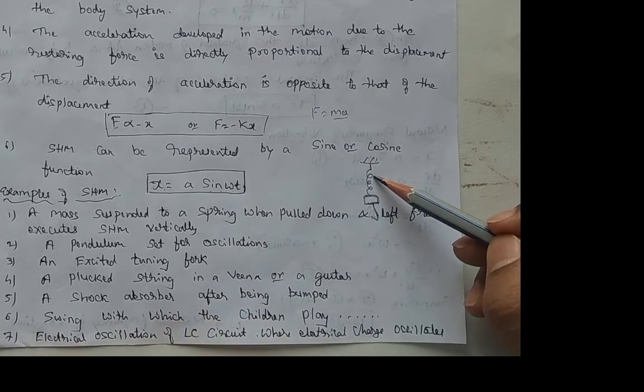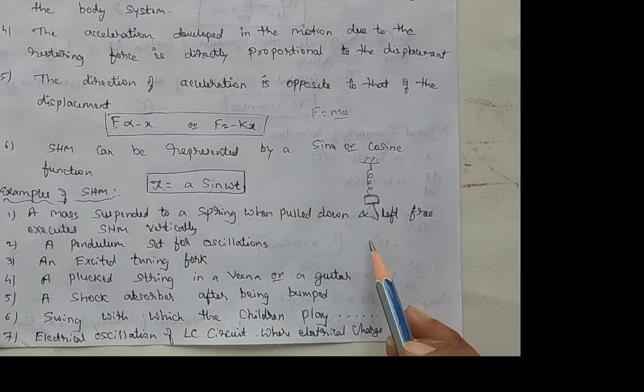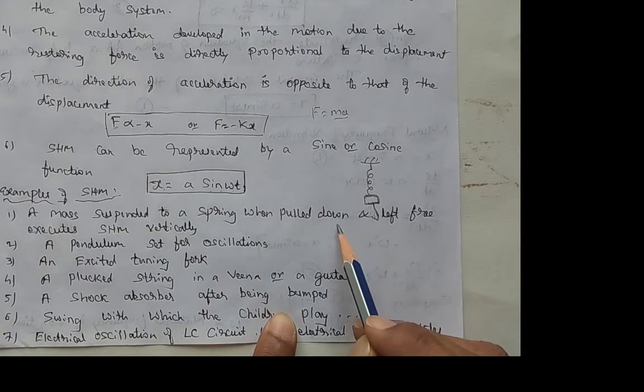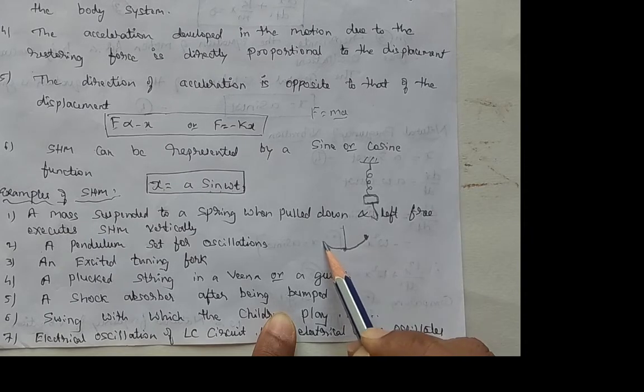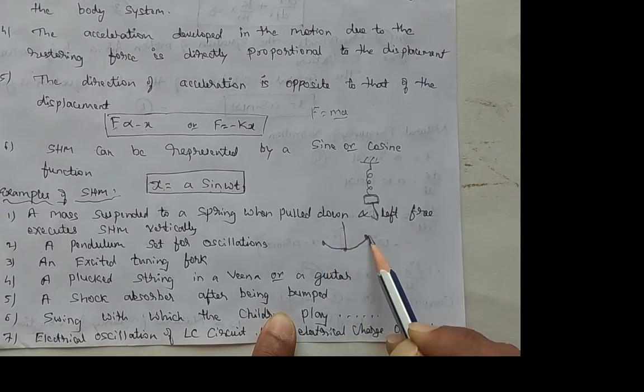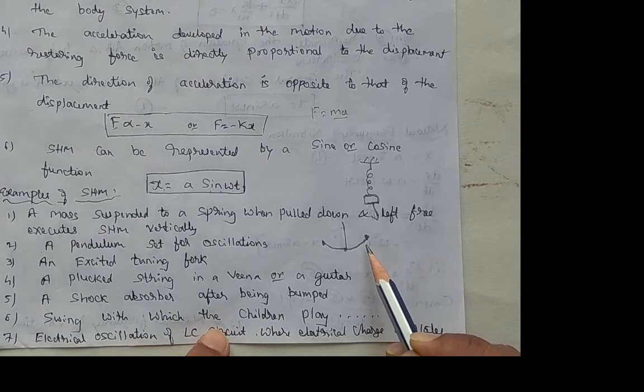Second one is a pendulum set for oscillation. Previously we have seen the example: whenever we take the pendulum to the extreme end and leave it, it starts oscillating. This is a very good example as far as simple harmonic motion is concerned.